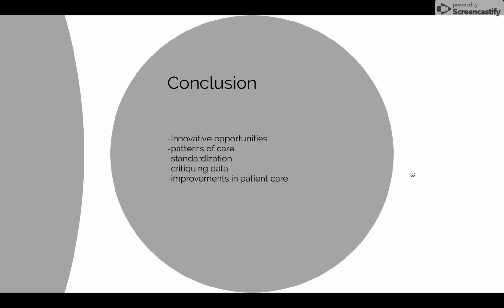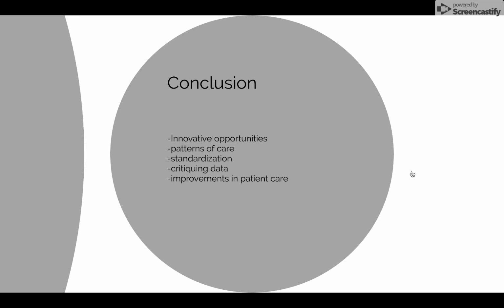So in conclusion, there are a lot of innovative opportunities. This is a great look for the future. The ability to find patterns of care and predict care or care needed, predict risk. But in order to do that, it's important that you standardize because pulling all this data, it's just too much data, especially in nursing.